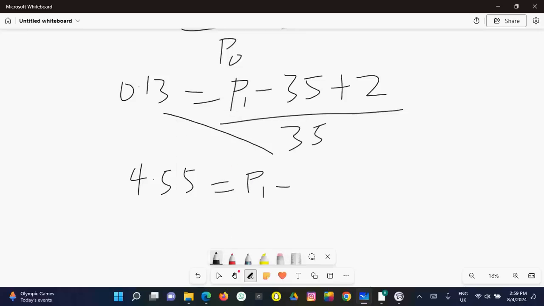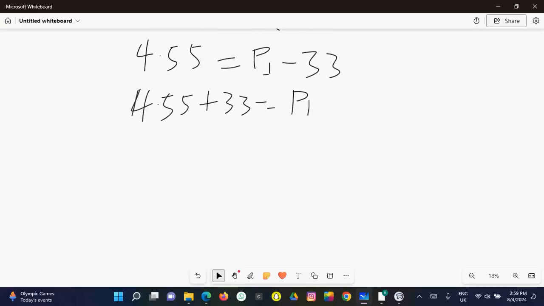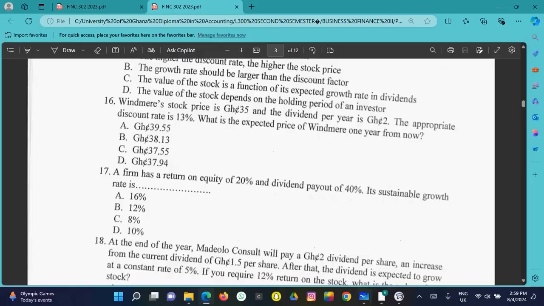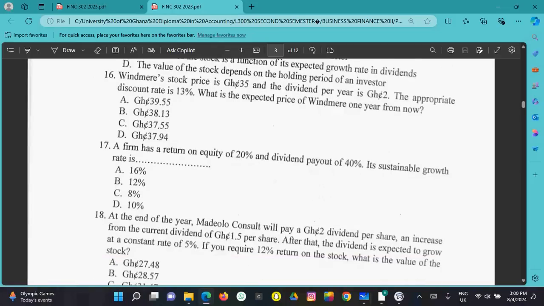It will leave it minus 33. So now, let's make P1 standalone: 4.55 plus 33 is equal to P1. So now P1 is going to give us 57.55. So the answer option is C. 16 is C.